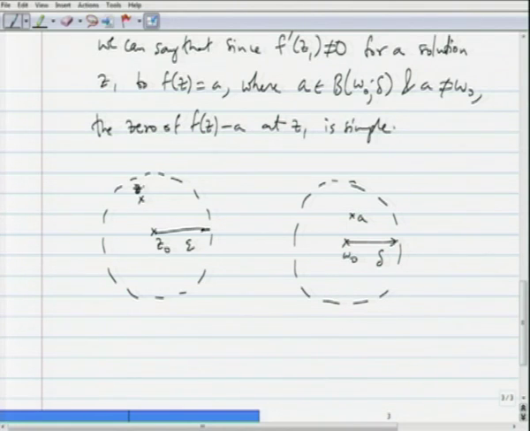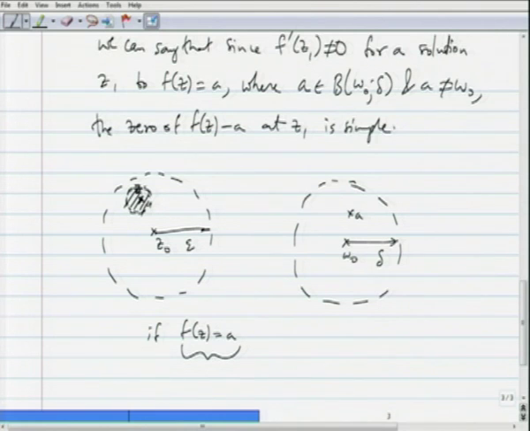And if f of z is equal to a, okay, then there is a small neighborhood of this z such that z is the only solution to f of z is equal to a.